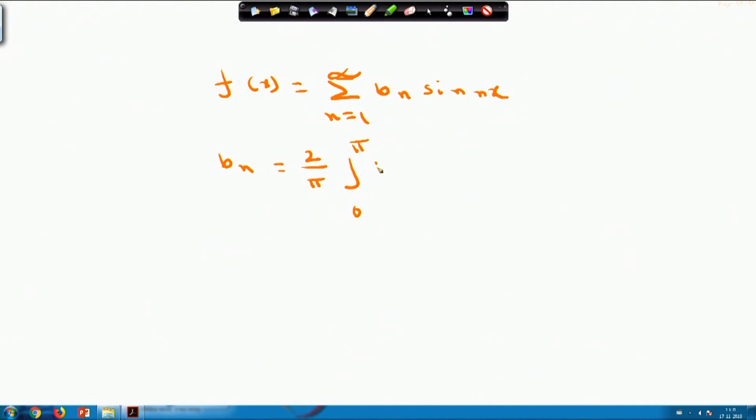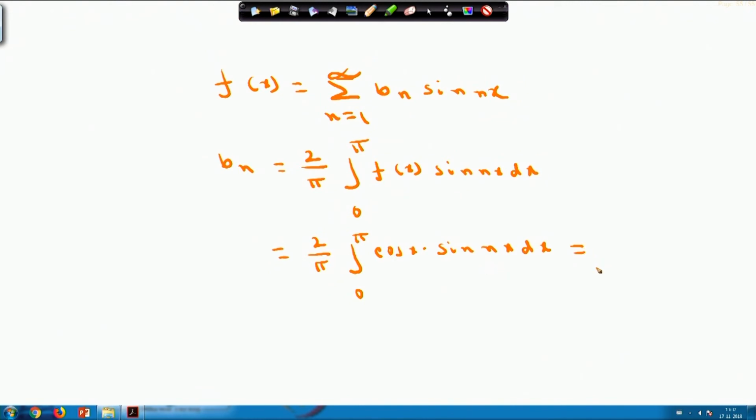So, it will be 0 to pi f x sin n x dx. The value of f x is cos x, so this will become cos x into sin n x dx.